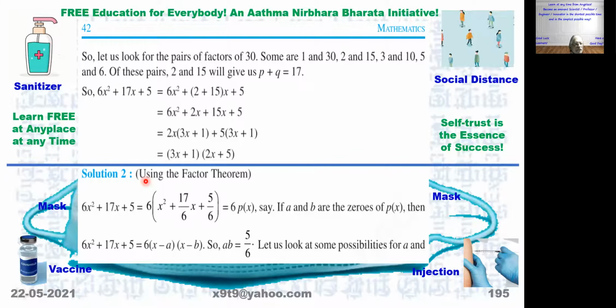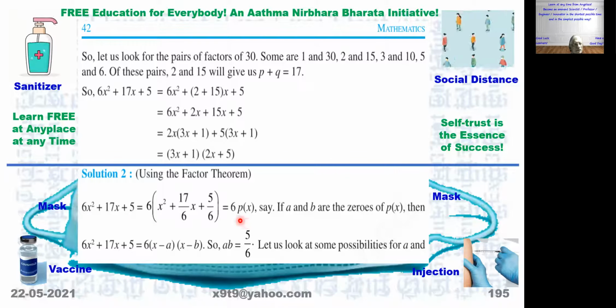Now, the same thing we can do using the factor theorem also. What you have done is splitting the middle term into two parts such that the sum of the two numbers equals the middle term, and the product of them is the same as the product of A into C. So factor theorem means we can write it taking the 6 common factor.